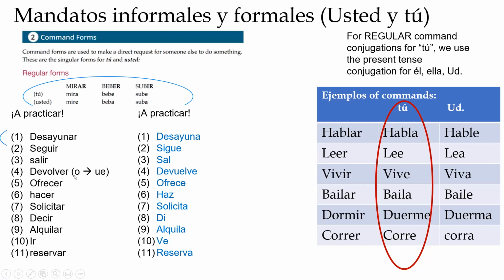Okay. So o to ue, we have devuelve, ofrecer, ofrece, hacer, haz, it's irregular, solicitar, solicita, decir, which is irregular, di, alquilar, alquila, and ir, which is also irregular, ve. Then we have reservar, reserva.